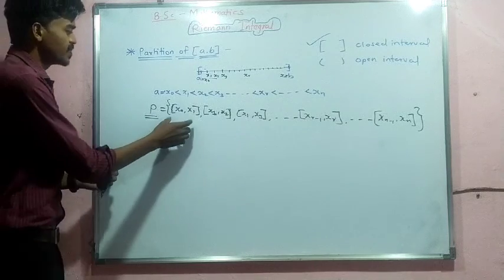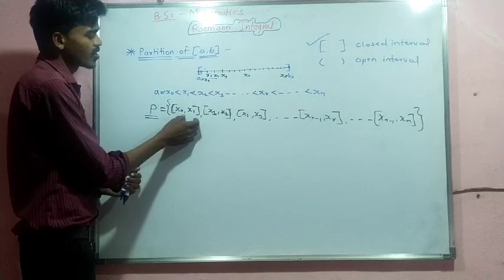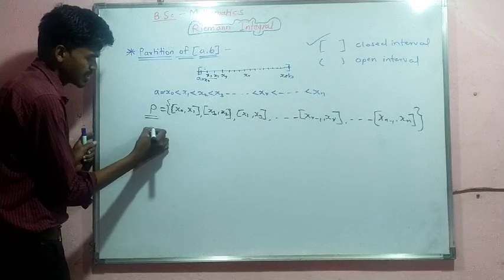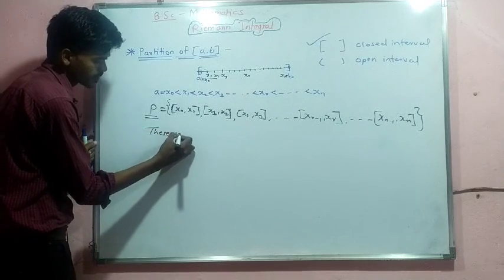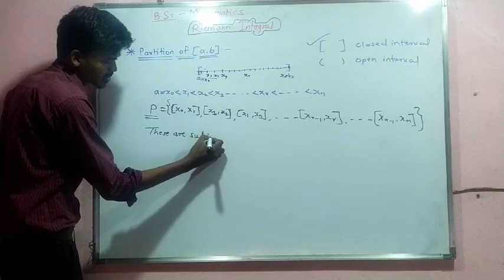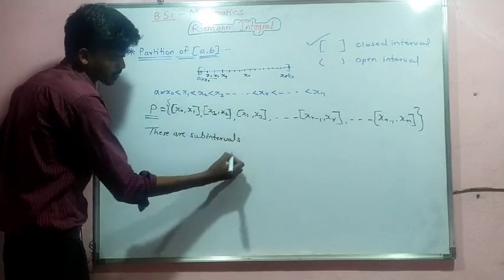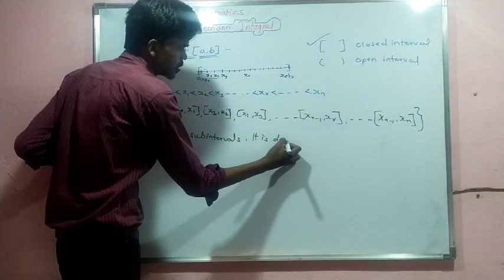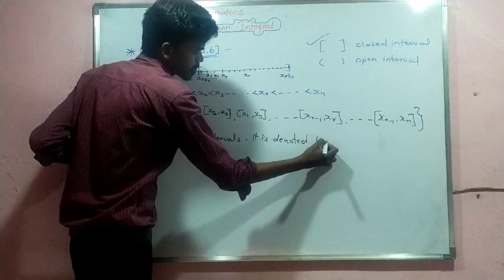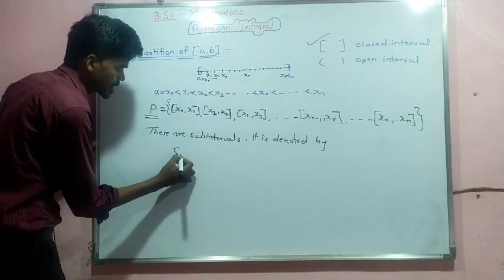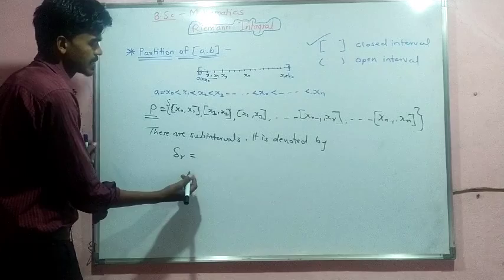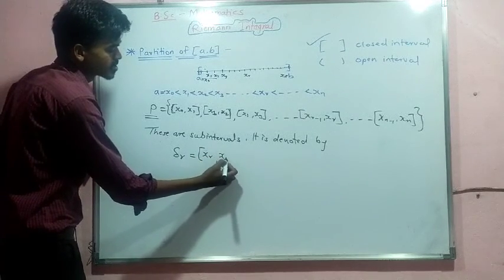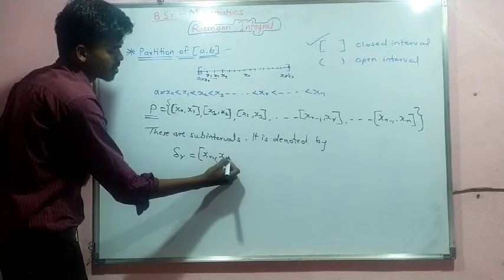Here there are subintervals, and they are denoted by delta r, where delta r is xr minus 1 comma xr.